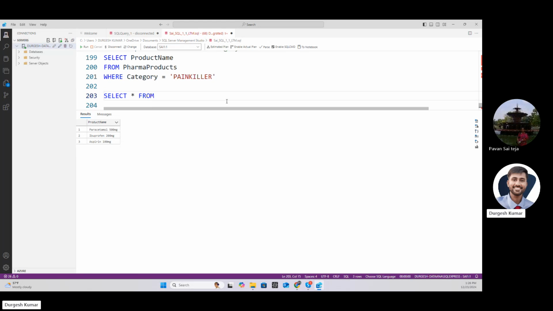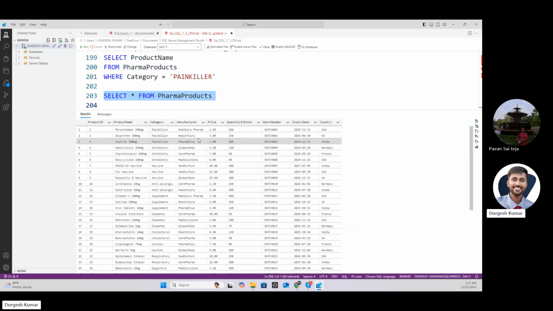So here, let's say, for example, in category we have painkiller in upper and lower case, it will actually capture everything because it will not understand the case sensitivity. But if the requirement is something like that, then you will have to do something very manually.